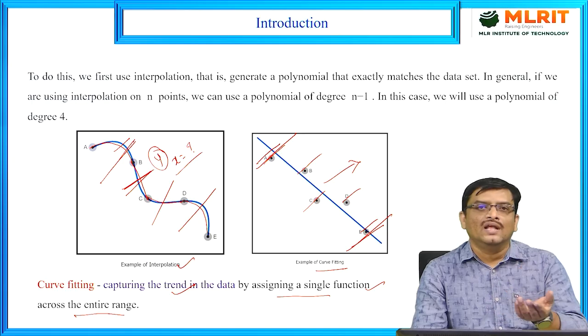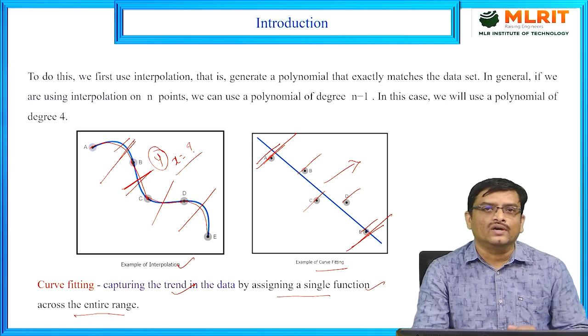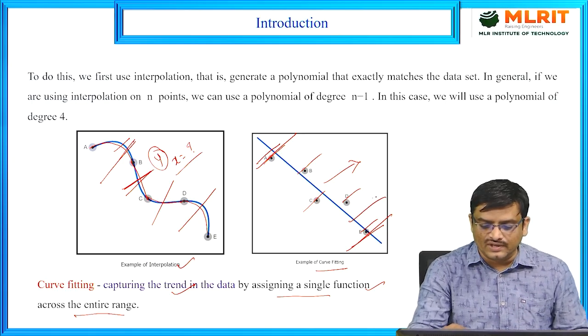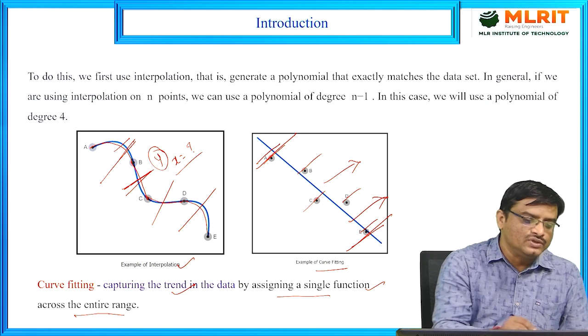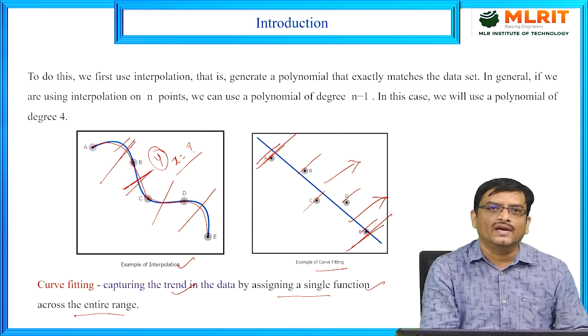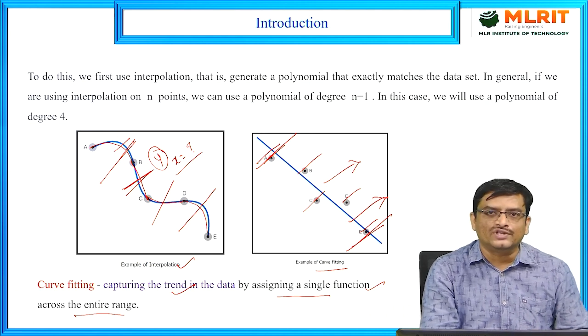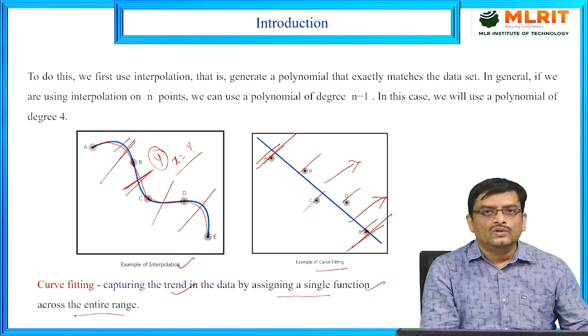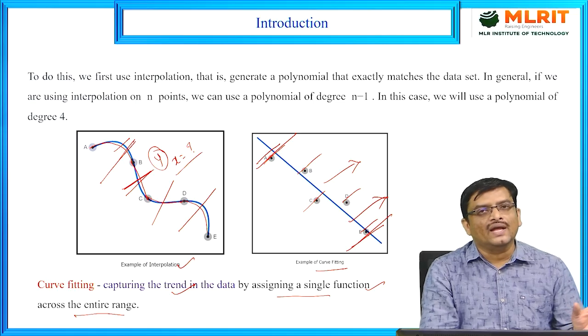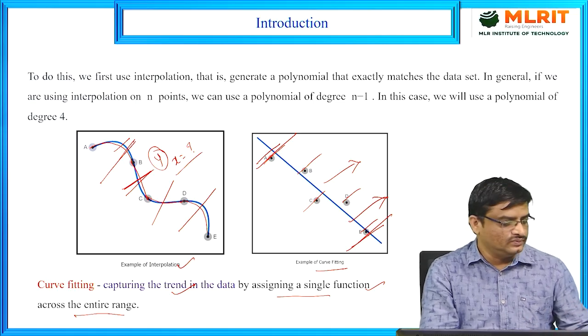We are identifying the trend in the data by assigning a single function. So here it is not possible to analyze the trend of the data using the concept of interpolation. So this is the main difference between interpolation and curve fitting here.